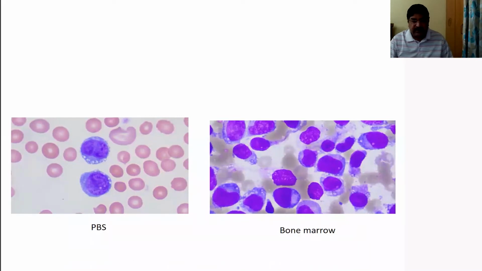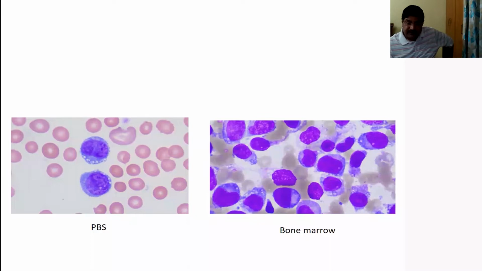So if you look at this slide, you can find some intermediate sized blasts with moderately abundant deep blue cytoplasm. You can see distinct vacuolations in the cytoplasm and some in the nucleus. If you see the same in the bone marrow, you can find many of them having the same morphology as you saw in the peripheral blood. So this will give you an indication that it could be the L3 type of lymphoblast, or in current terminology, Burkitt's leukemia lymphoma.